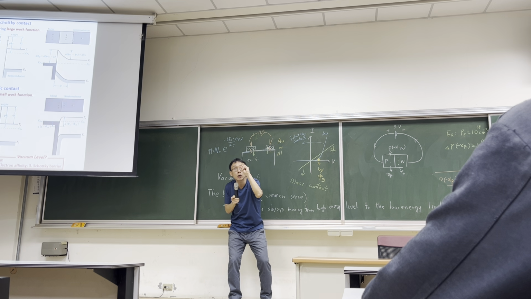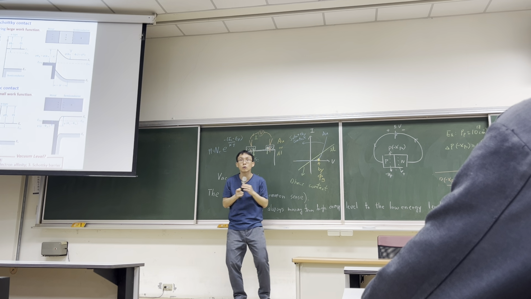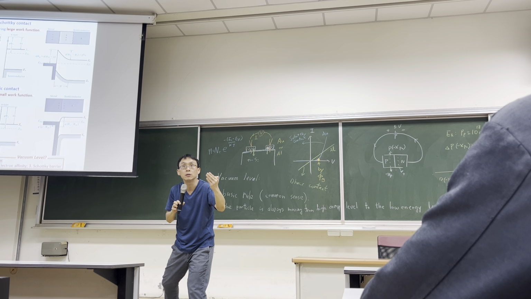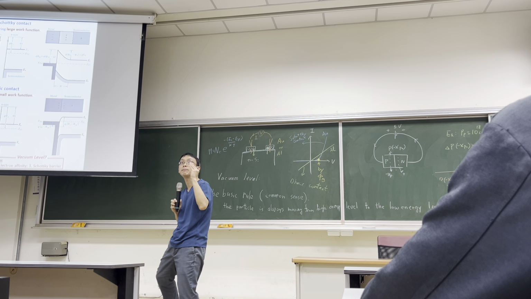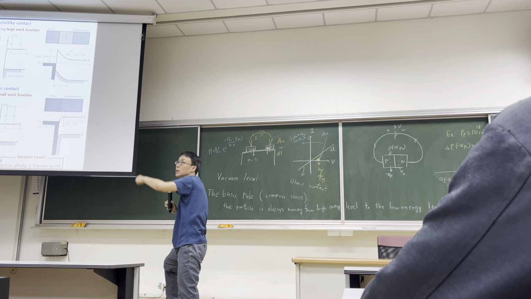If you have a small Schottky barrier, this turn-on voltage will become small. Right? Because this is the potential barrier impeding, blocking, stopping the electron flow from the metal to the semiconductor.